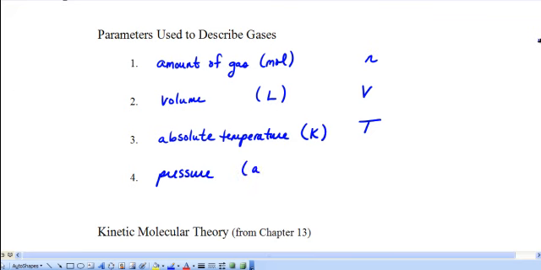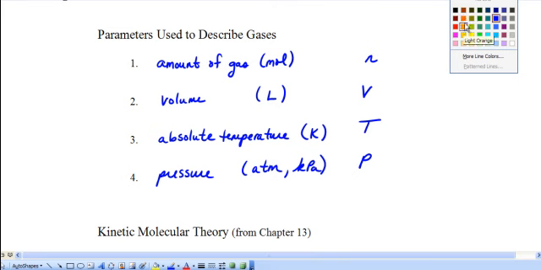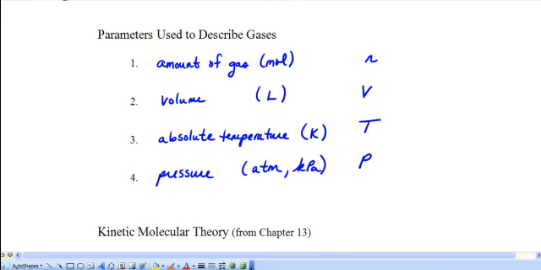Pressure will be measured either in what are called atmospheres or kilopascals. We're actually going to introduce you to a few other units as well, but those are the 2 primary ones. And when we list pressure in a calculation, we use the letter P. Alright, so those are the 4 parameters that you need to describe a gas.